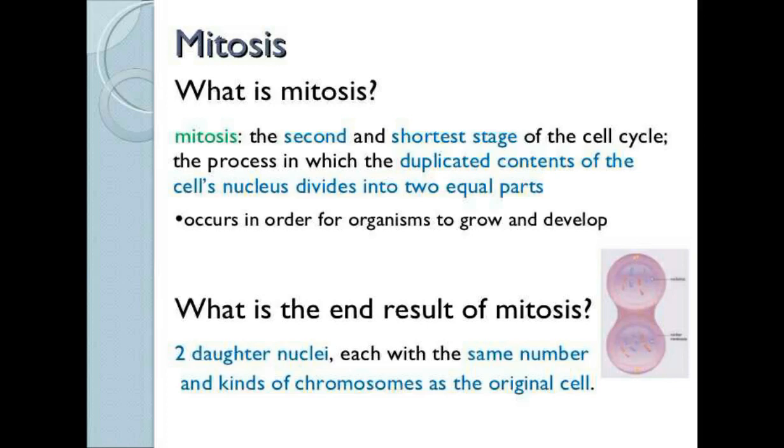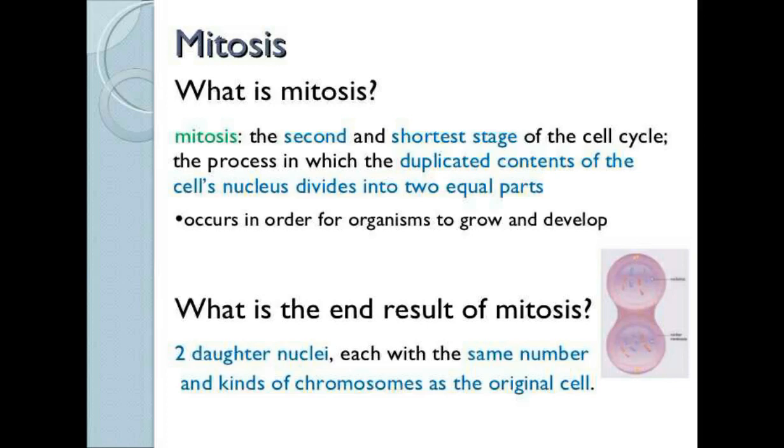as the original. It is a process where a single cell divides into two identical daughter cells. During mitosis, one cell divides once to form two identical cells. The major purpose of mitosis is for growth and to replace worn out cells.